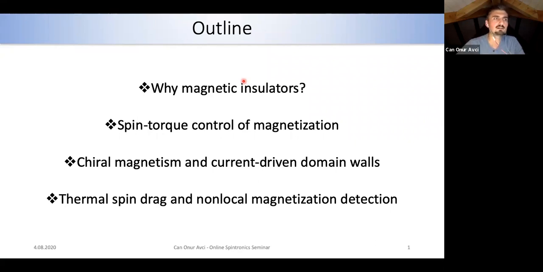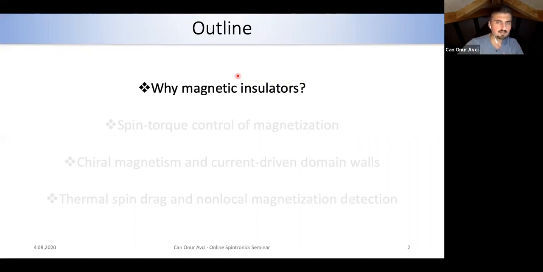Then I will discuss the emergent chiral magnetism and our results of current-driven fast and efficient domain wall motion in these materials. And finally, in the last part, I will give an overview of our latest report of a magnetotransport phenomenon, which allows non-local detection of magnetization vector in magnetic insulators based on a thermal spin drag mechanism.